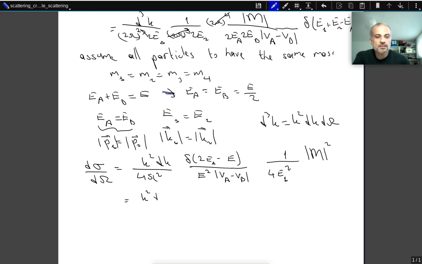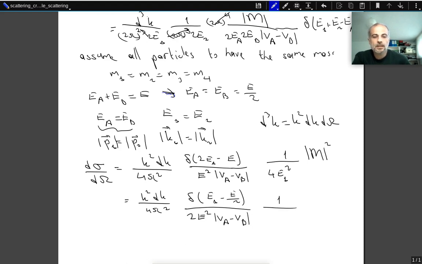So it's k squared dk divided by 4 pi squared, Dirac delta, well, let me also write it as E1 minus E over 2, over 2E squared VA minus VB, and then here I have 4E1 squared is just E squared thanks to this Dirac delta, m squared.